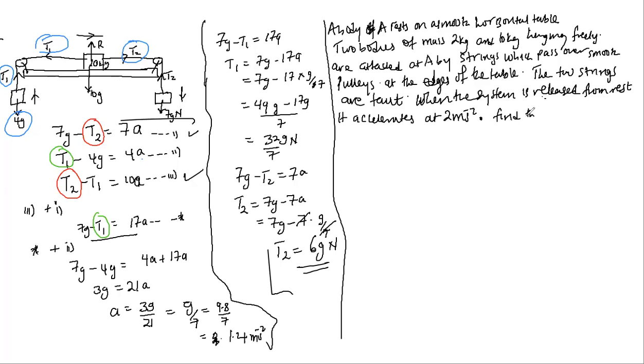Find the mass of capital A. Remember, mass capital A is the one that is lying on a horizontal table. Now, this is the wordy problem I was talking about. So you should be able to interpret that it's a table of this nature.